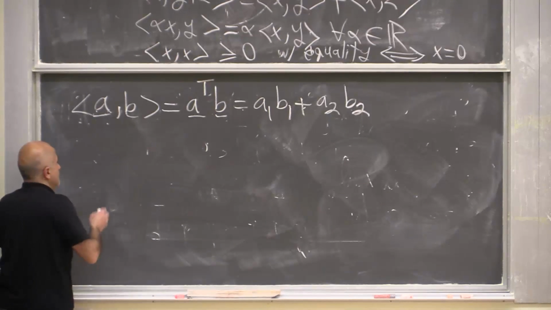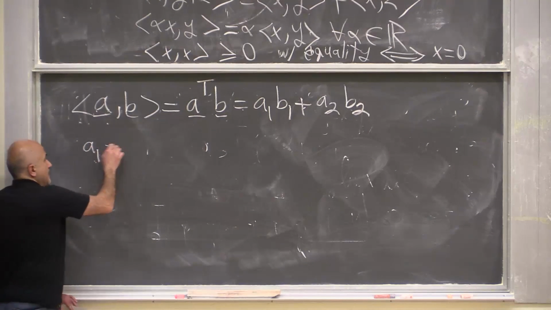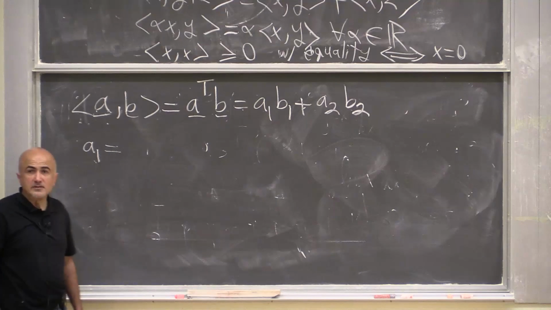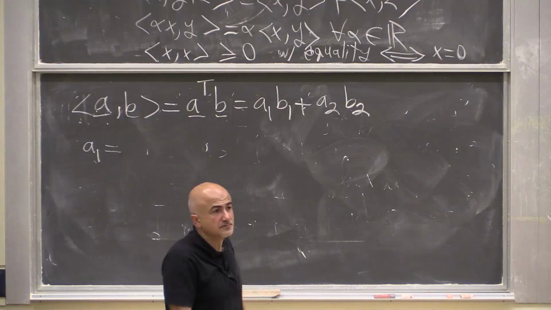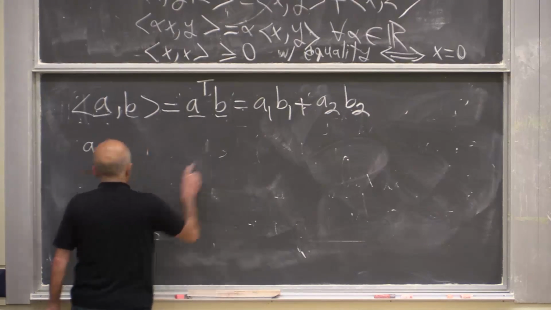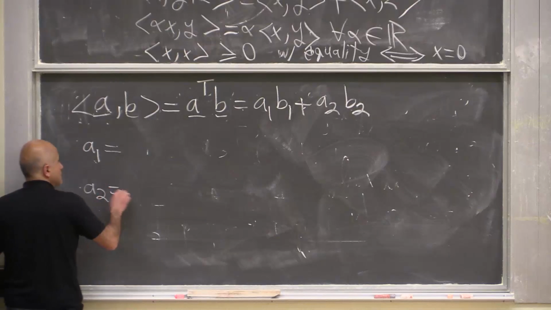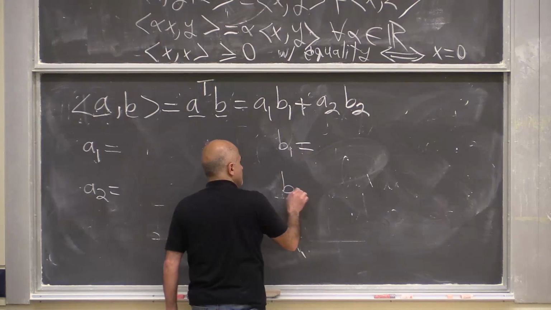Now, can you give me what A1 is in terms of the magnitude of the vector A and the angle that it makes with the horizontal? And can you do the same thing with A2, B1, and B2?